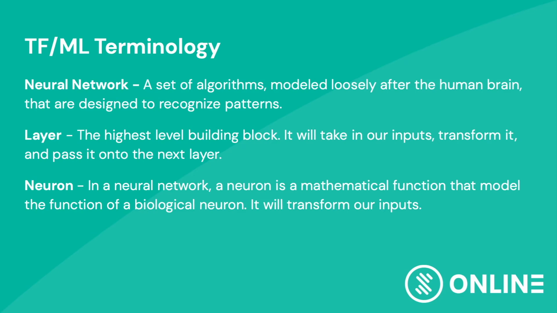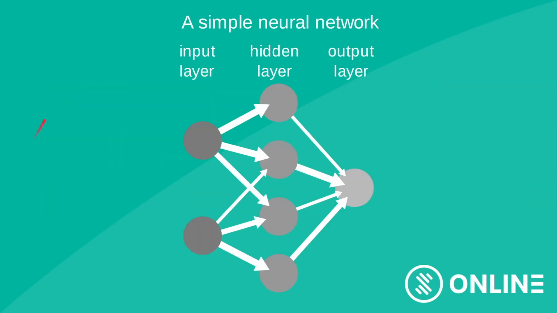A neuron, in a neural network, is a mathematical function that models the function of a biological neuron in your brain. What it does is it transforms our inputs. So in our layer, we have neurons that convert our inputs into outputs. And you can see right here, we have an input layer where we feed in inputs.